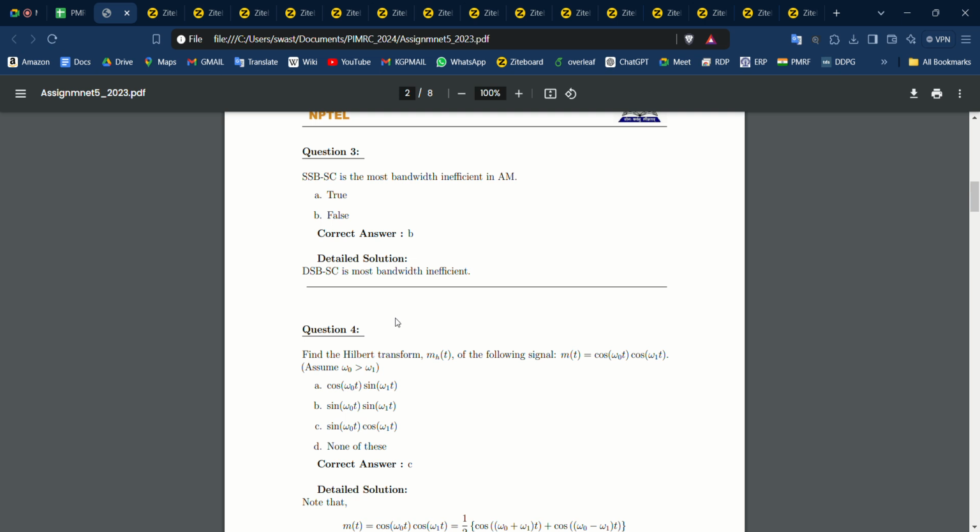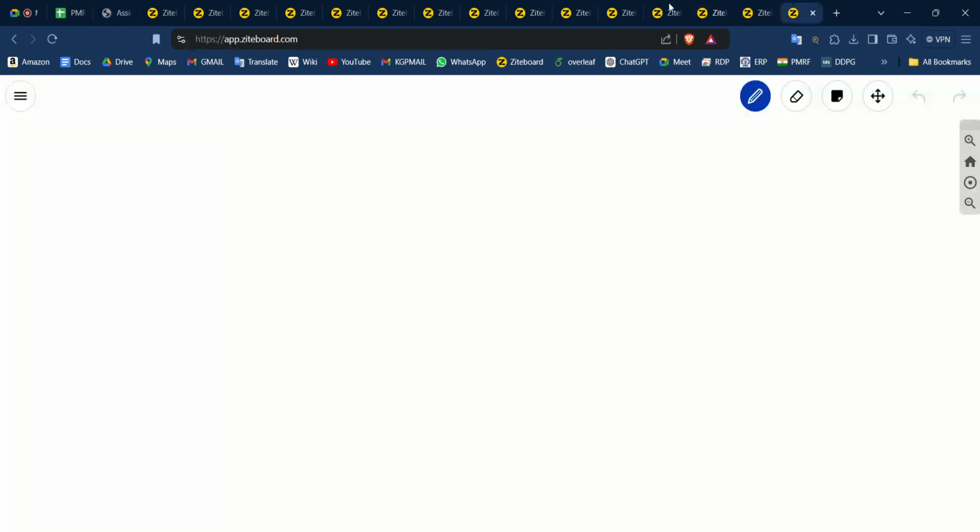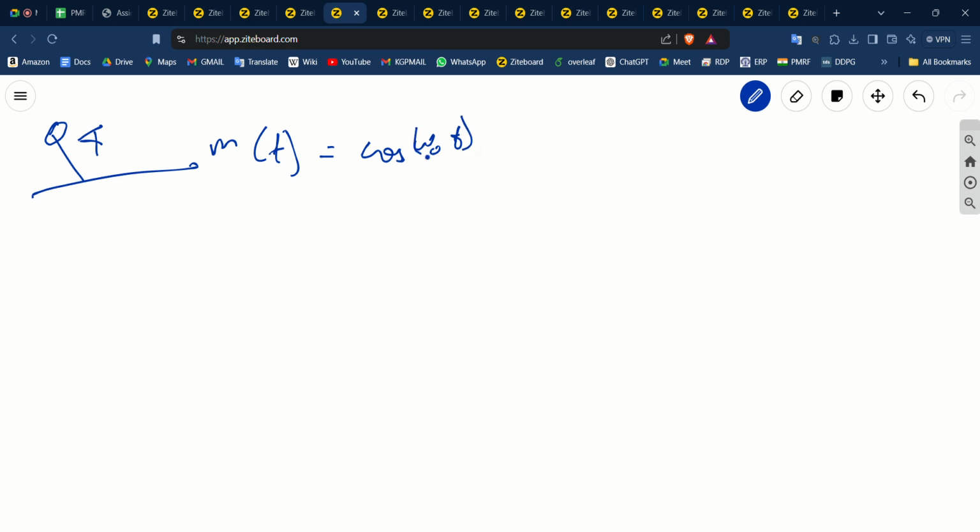So what is the Hilbert transform of this signal, cos omega naught t cos omega 1t?